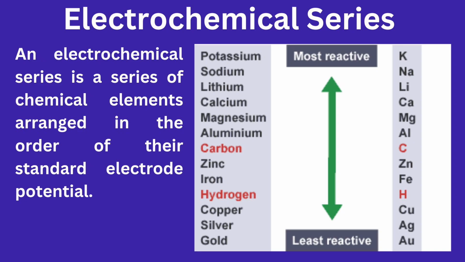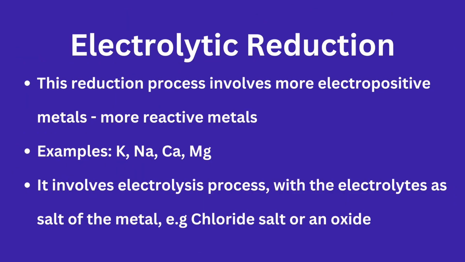So in that order, in the electrochemical series or activity series, the most electropositive metals are potassium, sodium, calcium, and magnesium. And these elements are usually extracted by the electrolytic reduction.